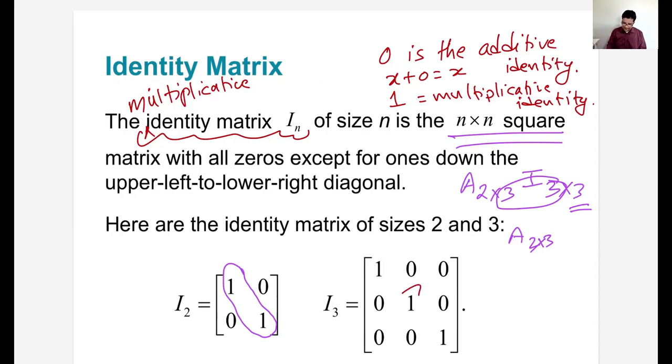Each of these entries here, for example, the second entry here, has to be 1 because that has to multiply with the same position entry in the other 3 by 3 matrix. It has to multiply with that entry, and one times that number will produce that number and will stay there. So that number will stay as it is.